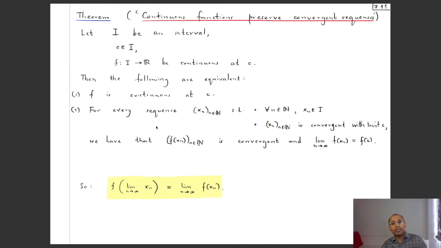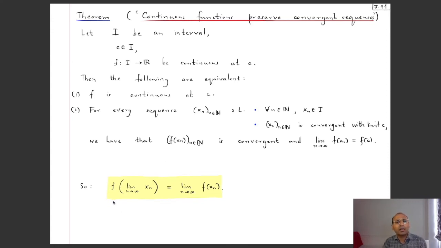So that is sort of a practical value of this theorem, but of course it has theoretical value as well, and we'll continue with this theoretical value next week also. But right now it has immense practical value, because to check continuity reduces to checking convergence of a sequence, right?